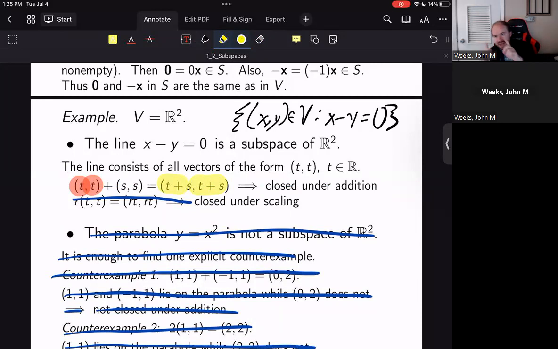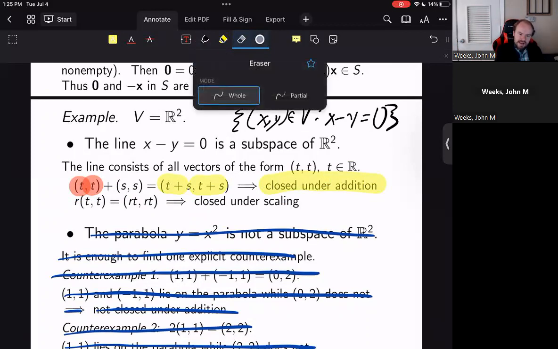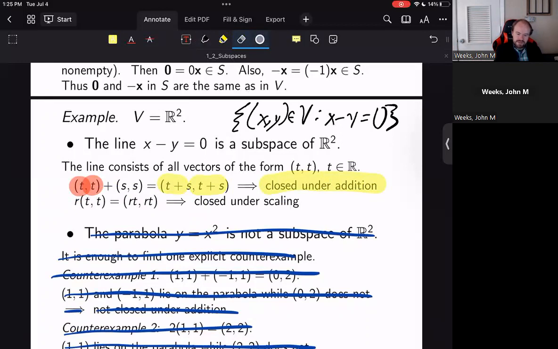Essentially, you're saying that you can take two things inside of the space and add them together. In this case, you have two things where the x and y components are the same, and what you get is something inside of that set where the x and y components are the same. This gives us that this is closed under addition. We can also say that it's closed under scaling, because if we multiply by any real number, the x and y components remain the same.